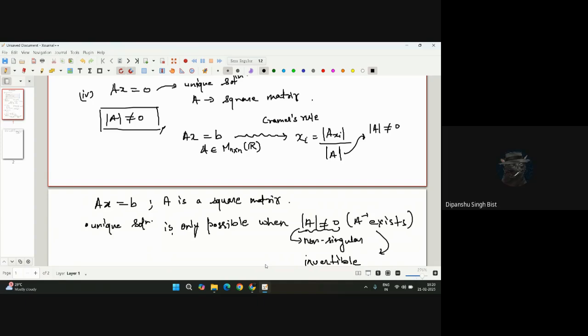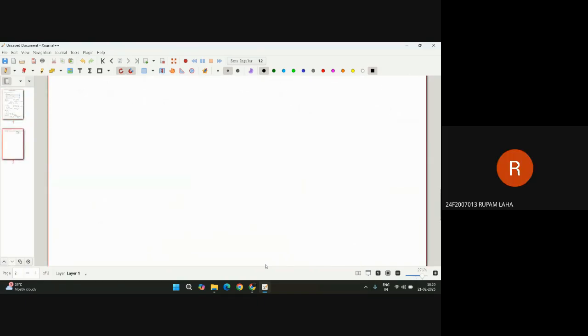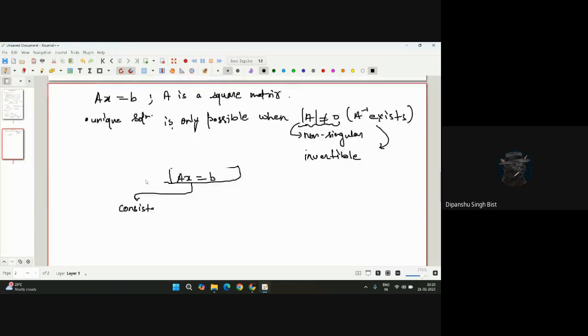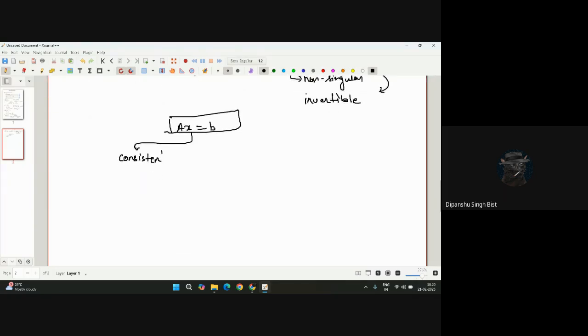No, no. In general, for a system of linear equations, you can have infinite solutions, no solutions, and unique solutions. If you have a system like this, Ax equal to B, then your system can be consistent or inconsistent. When you say consistent, this means that there exists some solution.